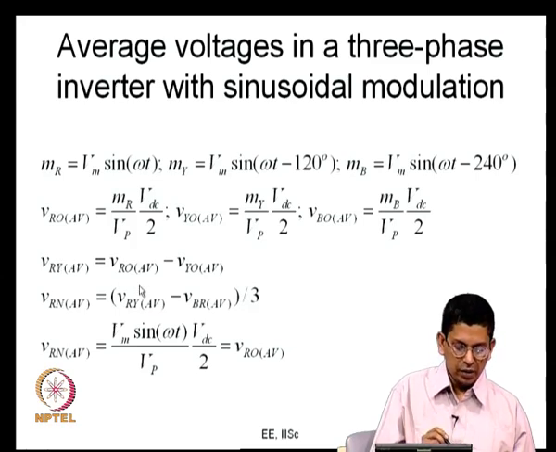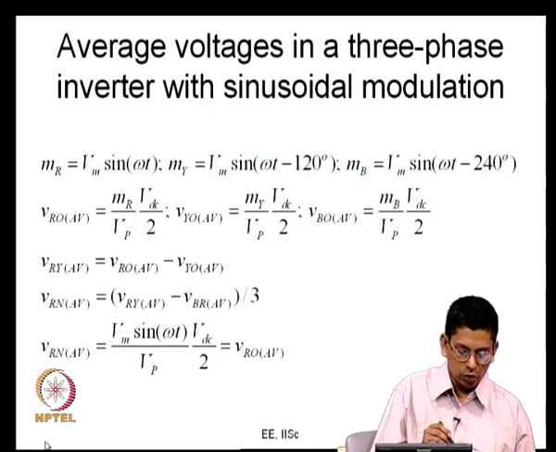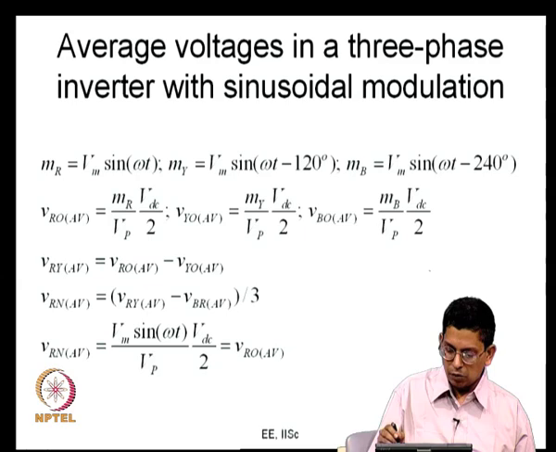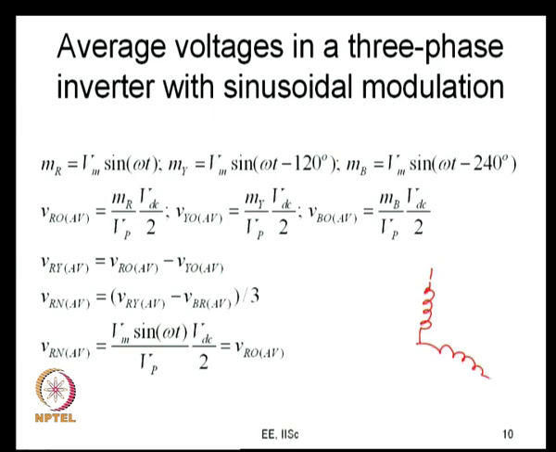Now, let us say we have a 3 phase load. Let us consider a 3 phase star connected load. Let us say our motor is there, and this motor itself has a 3 phase winding like this. Let us say this is R phase terminal, this is terminal Y, this is terminal B, and this is the neutral point.